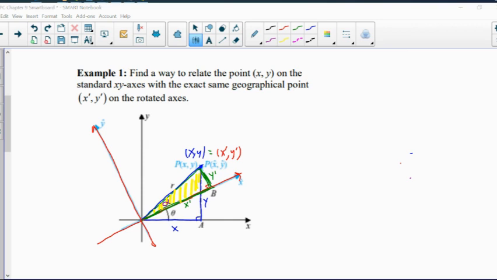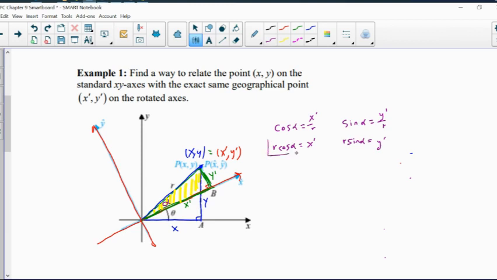I know that the cosine of alpha in this yellow triangle is x prime over r, which means that if I multiply the r across, r cosine of alpha is equal to x prime. And in a similar vein, sine of alpha is equal to y prime over r. Again, I'm just using SOHCAHTOA, so r sine of alpha is equal to y prime.